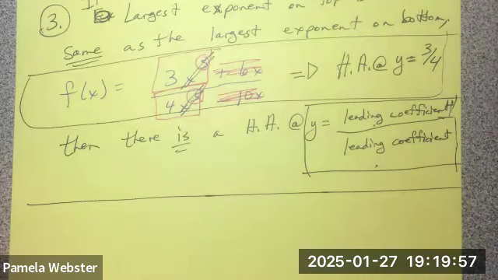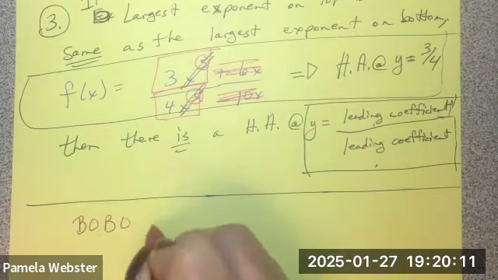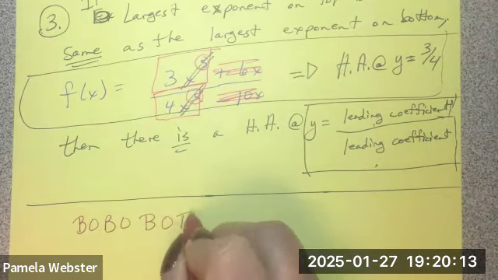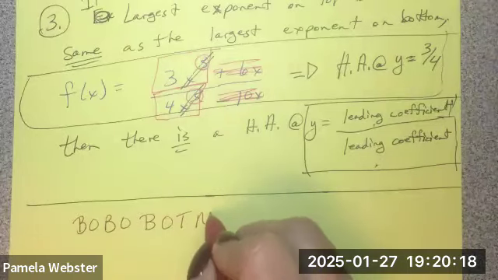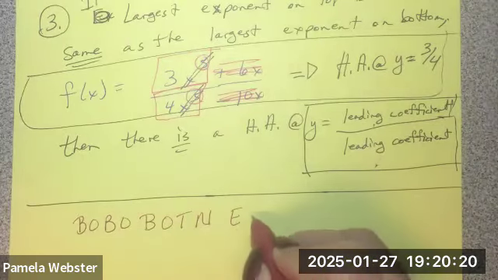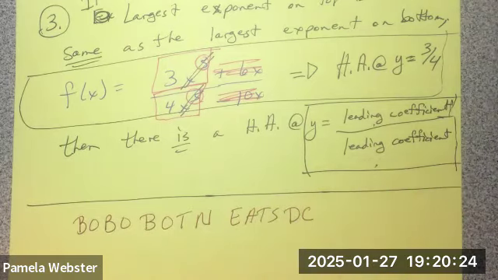Let's go back to our example. I'm sorry. So somewhere you've got these horizontal asymptote rules. Okay. Before I go back to our example, let me throw this in here. BOBO eats DC.